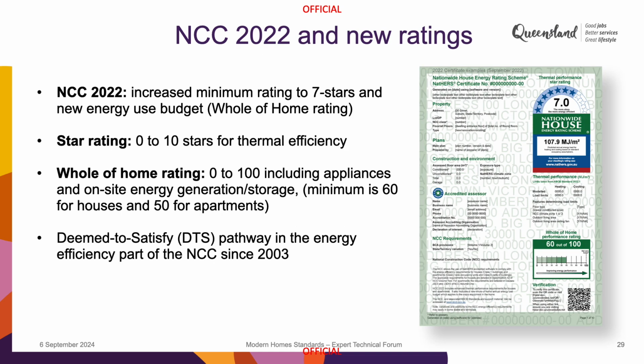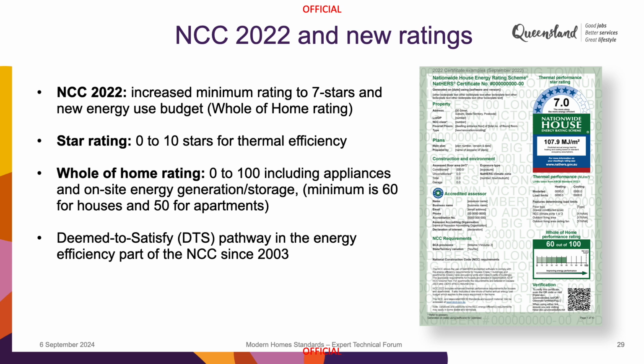Okay, so the changes for National Construction Code 2022, as outlined by Gary. Thanks, Gary. So we've now got the two changes: the increase in the thermal rating, and the new whole of home energy use budget, which is out of 0 to 100.